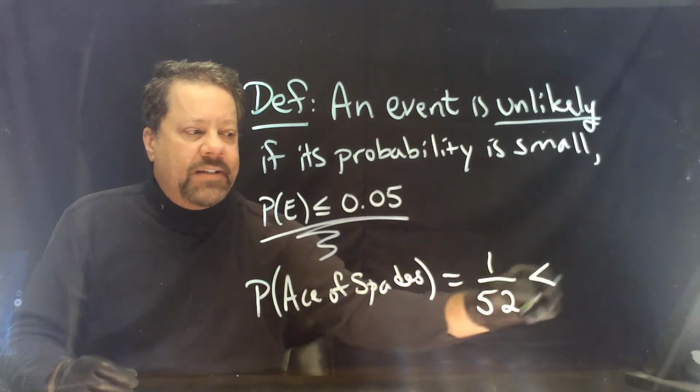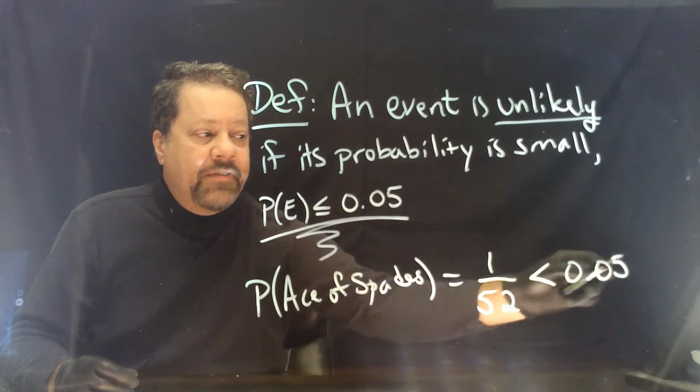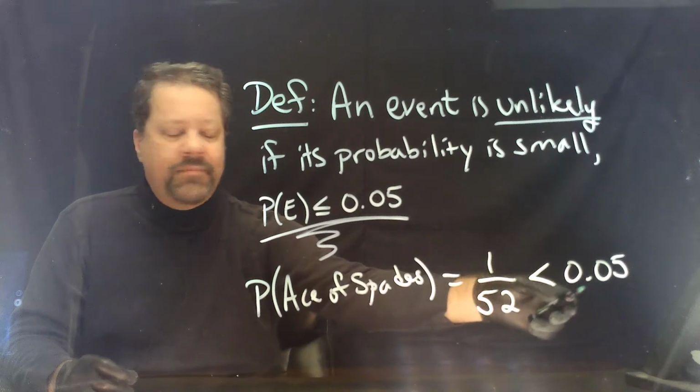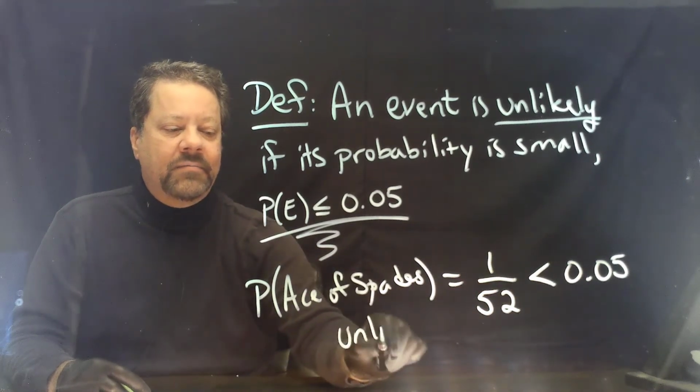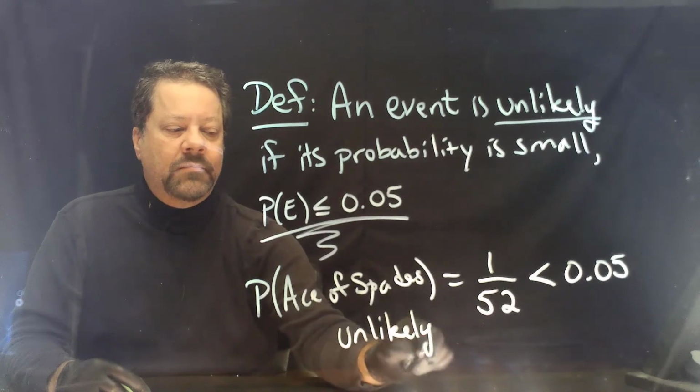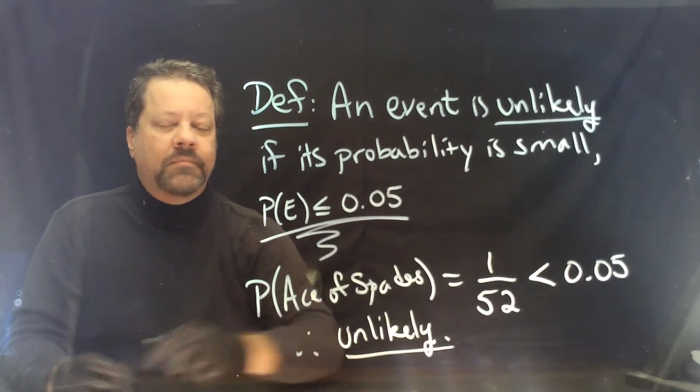This is definitely less than 0.05, which is about 1 in 20. And so this will be unlikely. Let's give you some examples of some other probabilities.